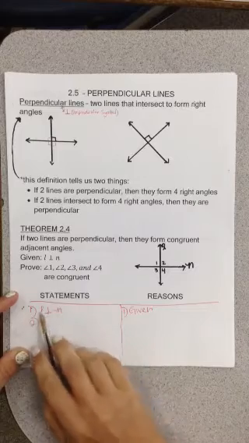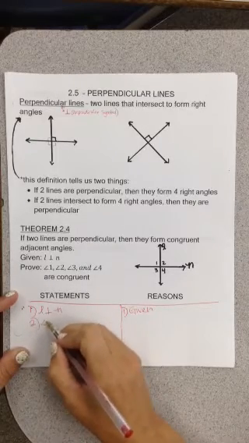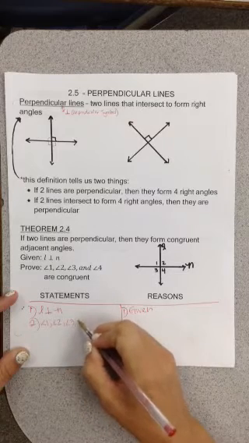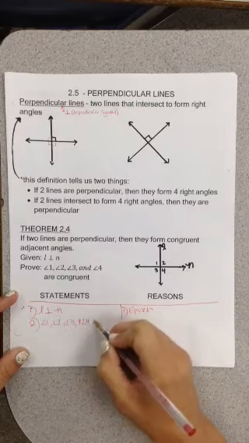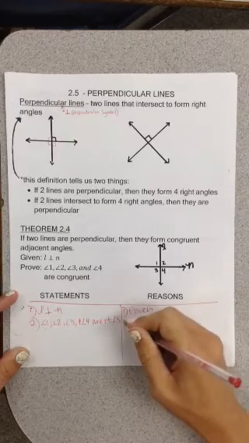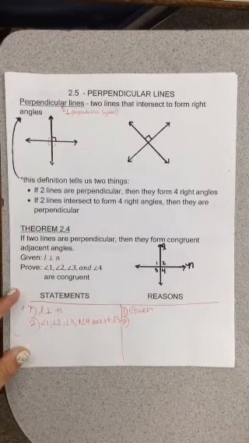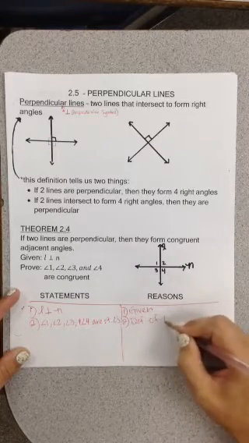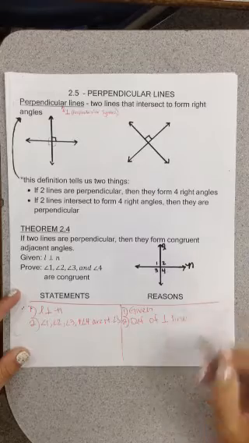So I've been told that L and N are perpendicular, so that means angle 1, angle 2, angle 3, and angle 4 are right angles. Okay, so that was based entirely on the definition. So that's the definition of perpendicular lines.